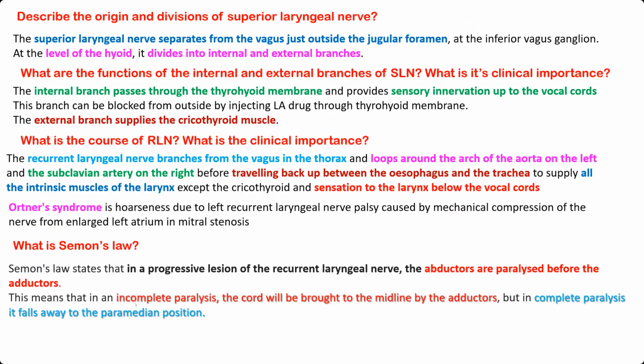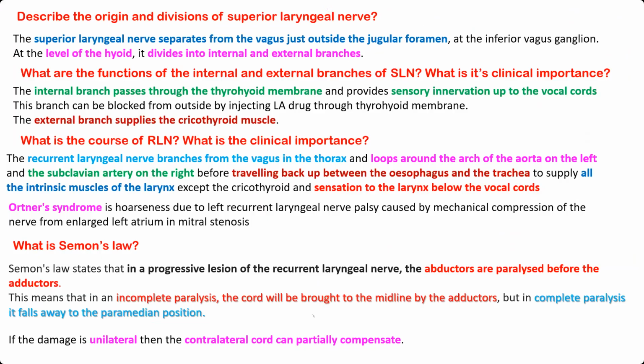This means in incomplete paralysis, the cord will be brought to the midline by the adductors, and in complete paralysis, it will fall away to the paramedian position also. And if it is a unilateral damage, then the contralateral cord can partially compensate for the opening. So the patient will not feel much of a problem in a partial injury on only one side.